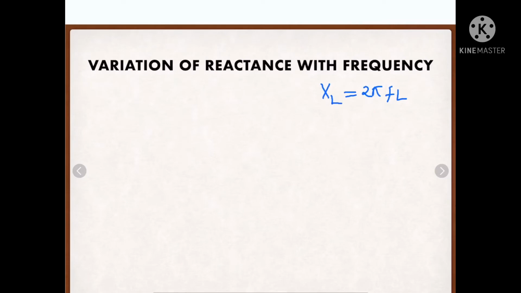From the formula we can easily conclude that XL is directly proportional to frequency. That means as frequency increases, XL will also increase. So these two quantities have a linear relation.